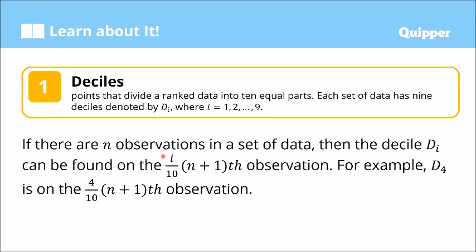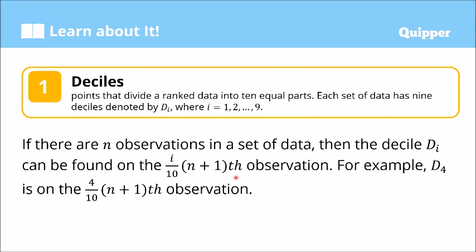If there are n observations in a set of data, then the decile denoted by D sub i can be found at the i over 10 times n plus 1 th observation. If we are looking for the first decile, which is D sub 1, then i here is 1. So that's 1 over 10 times n plus 1 th observation.